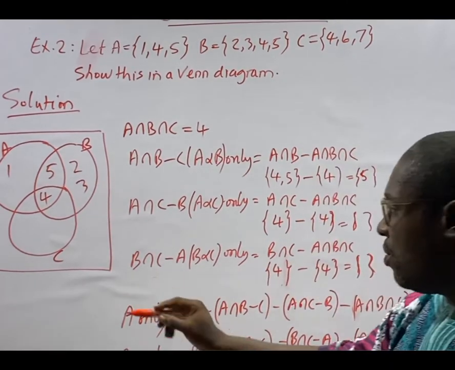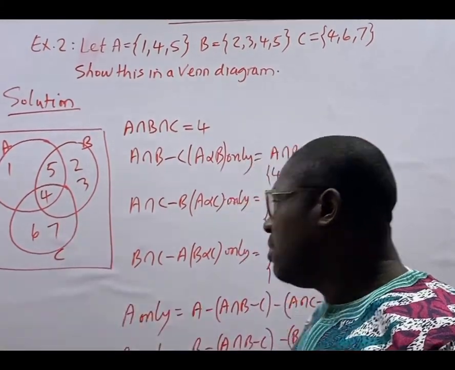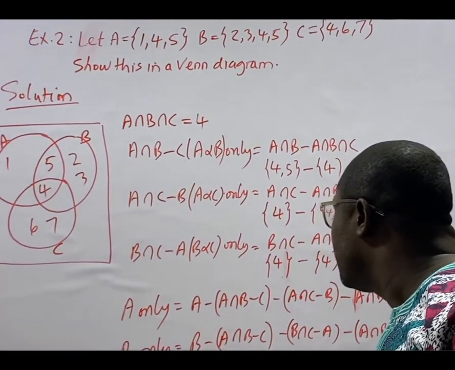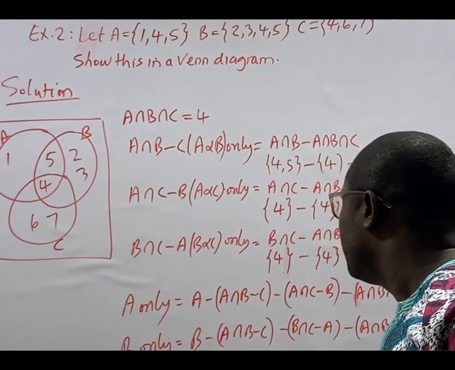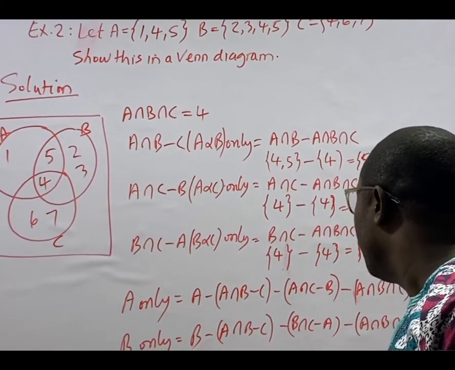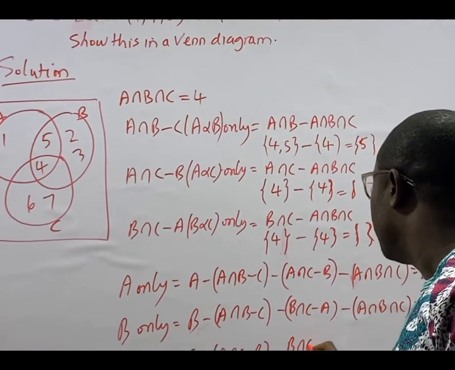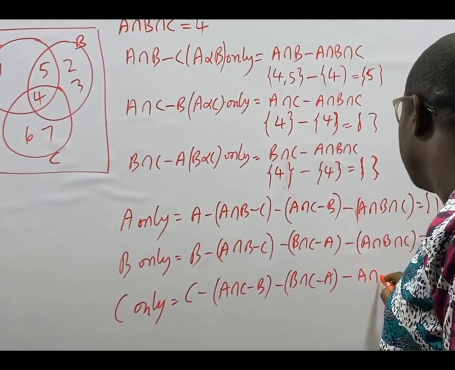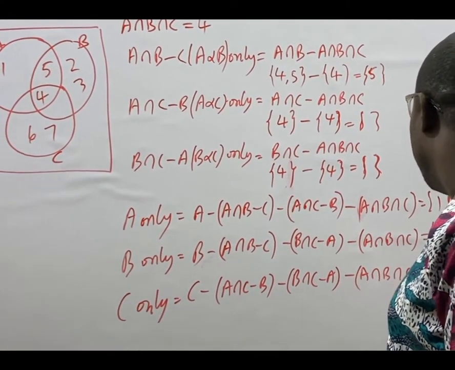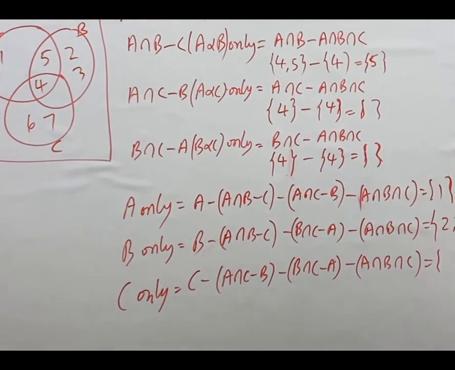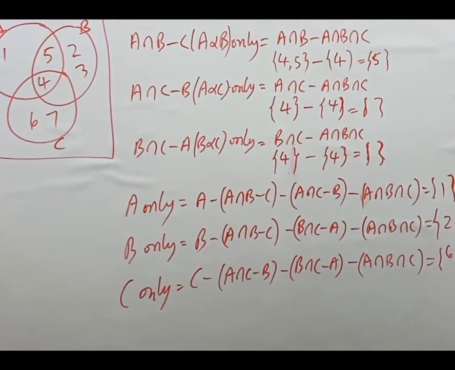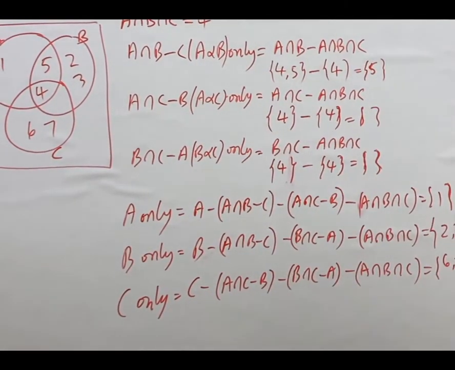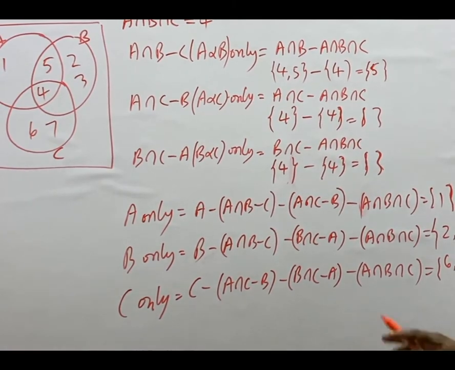So we're going to write 6 and 7 in here. So C only will be C minus A intersection C minus B minus B intersection C minus A minus A intersection B intersection C. And what we are left with is 6 and 7. So this is the Venn diagram, and this is how the solution should look.